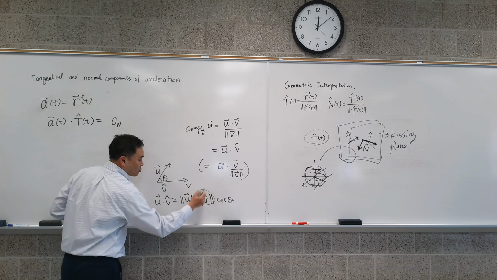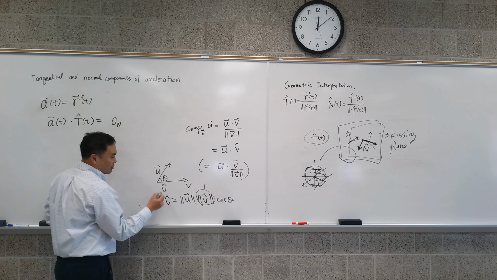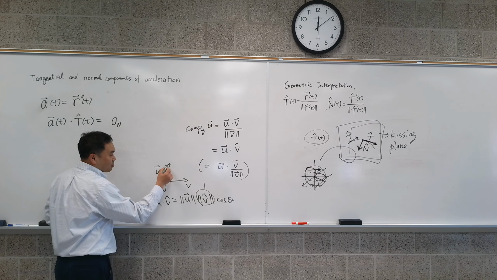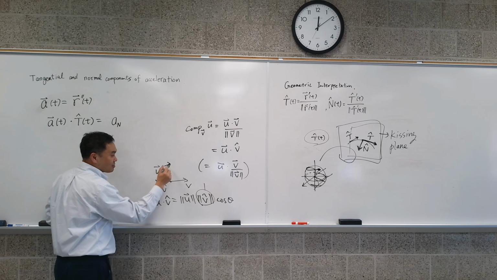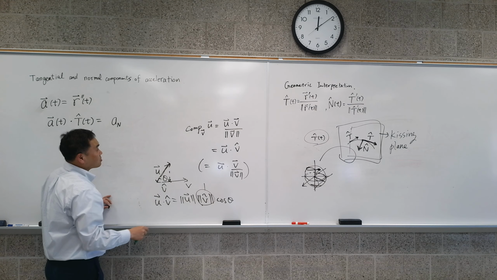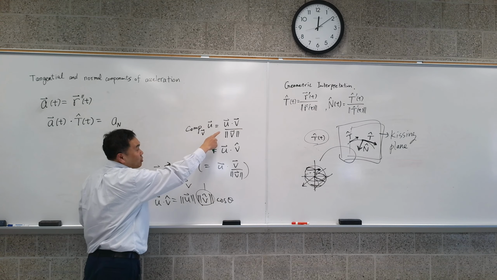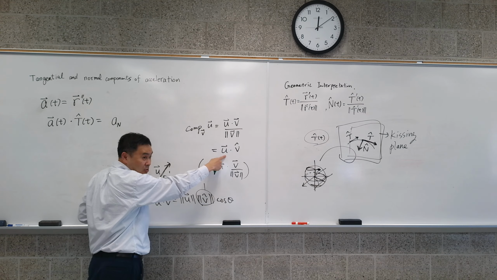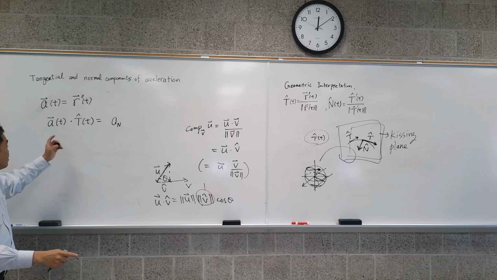But since the norm of v hat is 1, this u dot v hat just picks up the norm of u times the cosine of this angle. What's that? That's just perpendicular projection. So that's where this formula comes from. You don't want to memorize this formula, rather you want to understand it like that, then there is no need to memorize.